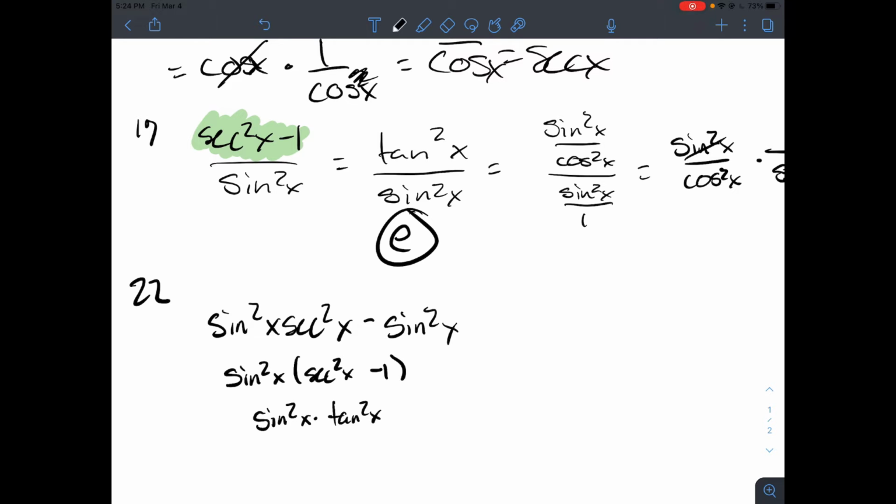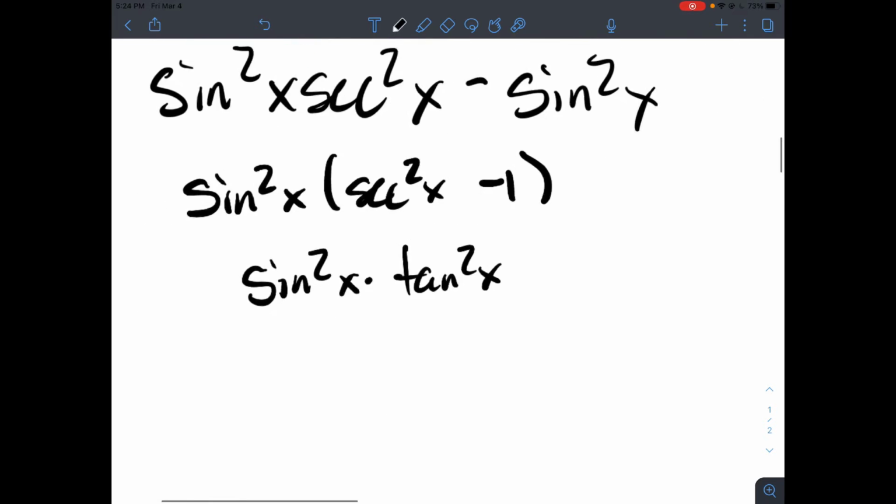I might just take a gander at what the actual answer is. Let's see what the back of the book says for number 22. But this looks right to me. I don't see anything off the top of the dome that I can do here. We're in section 1, page 513 on question 22. Nope, we're good. So this doesn't simplify anymore.